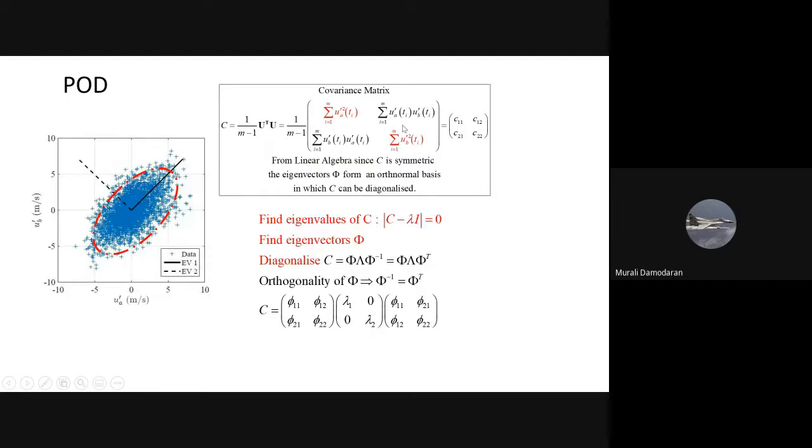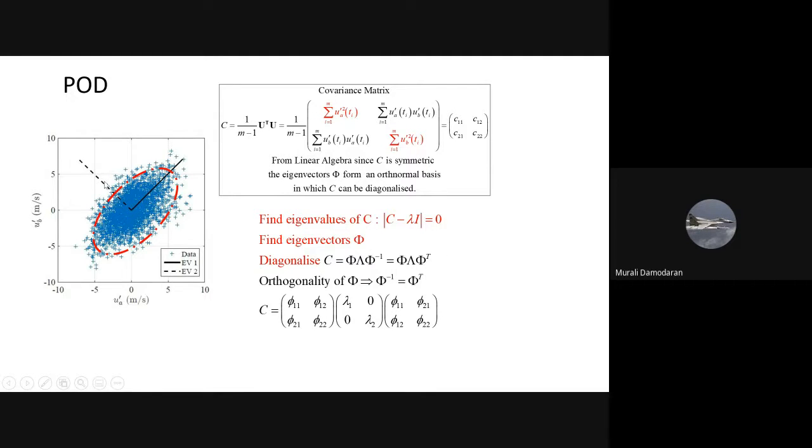You go back to the covariance matrix, and how you do it is, if you go back to linear algebra, first I have to find the C matrix, which I've already computed. I'm going to find the eigenvalues of the covariance matrix, which we know how to do. For two-dimensional systems like this, you can do hand calculation and find the eigenvectors. But if this is huge, then there are special algorithms for you to find them. So now you diagonalize this C by this kind of transformation.